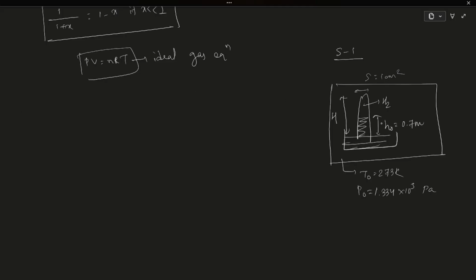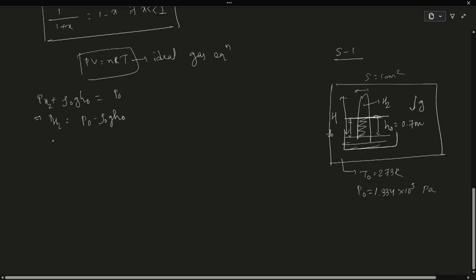So what will the pressure be? The pressure of H2 plus the pressure due to the mercury, which is at height H naught with density rho naught and g acting downward, rho naught g H naught, is basically the outside pressure P naught. So the pressure of H2 is P naught minus rho naught g H naught.